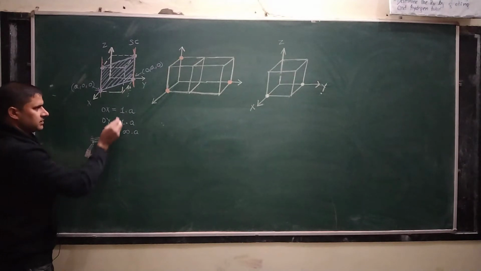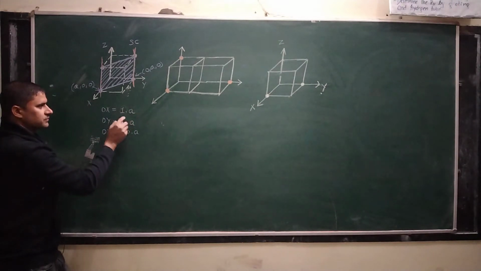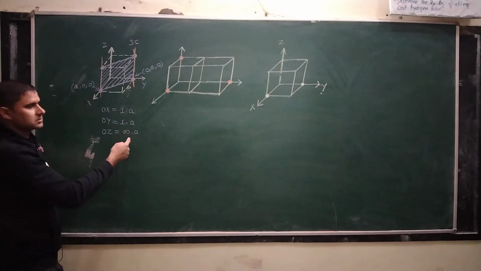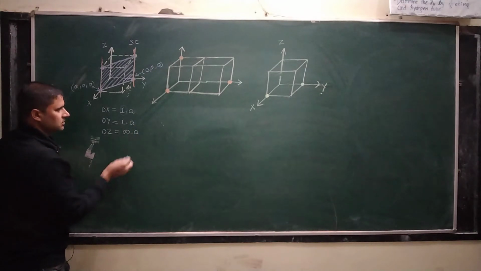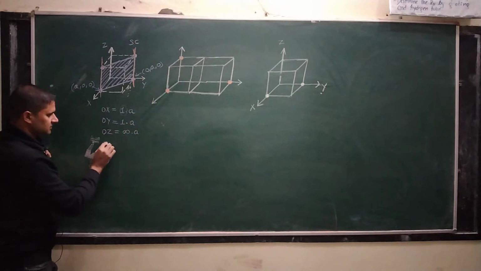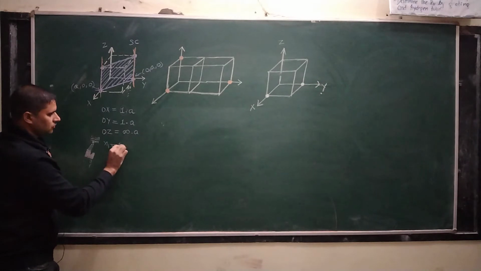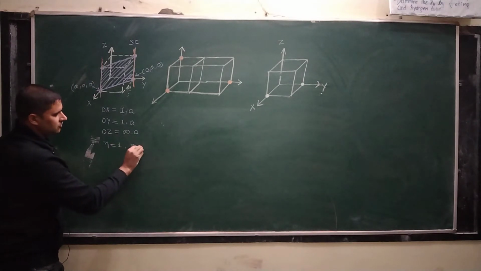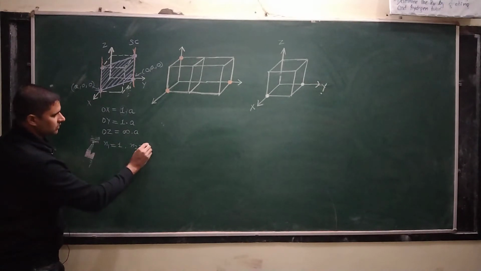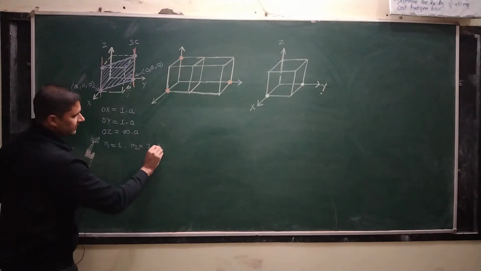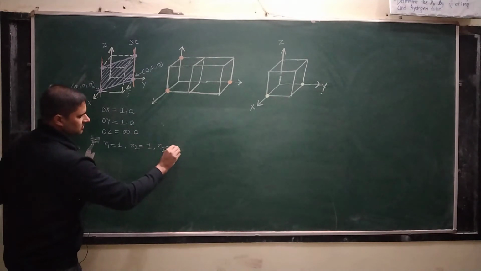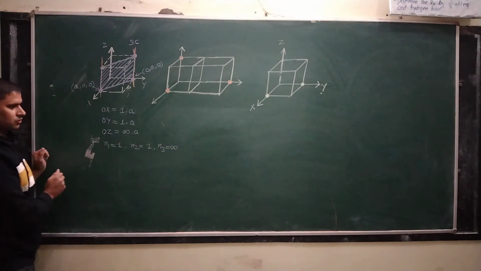In the second step we will see what are the coefficients of primitive vectors along that particular direction. So here n1 is equal to 1, n2 is equal to 1, and n3 is equal to infinity. Okay class.